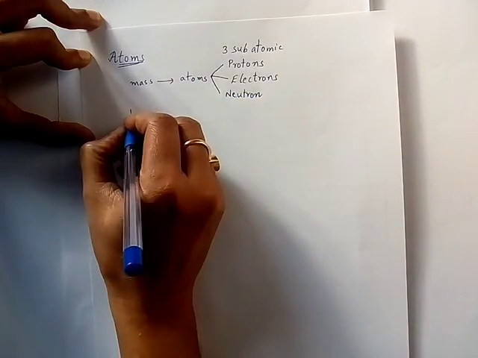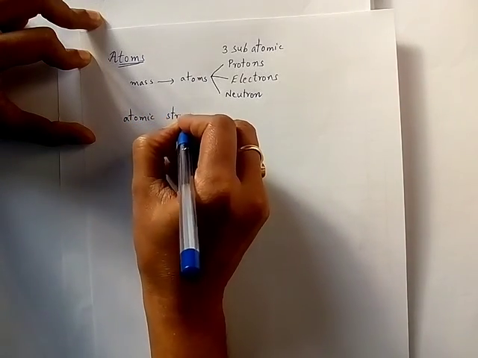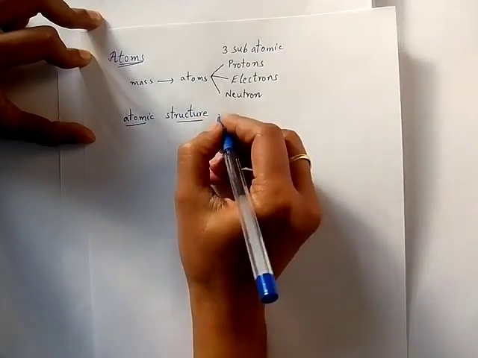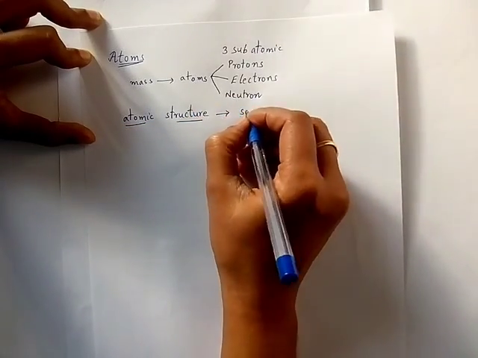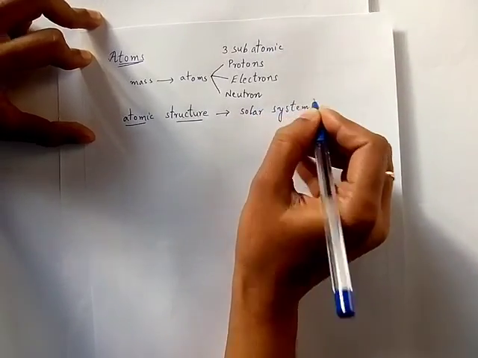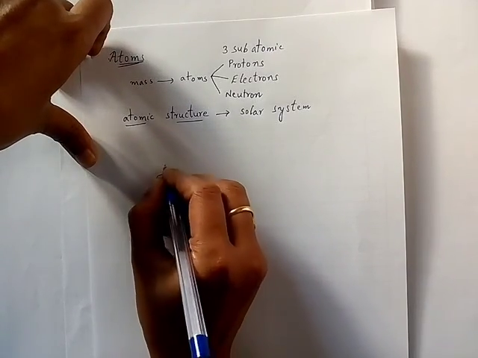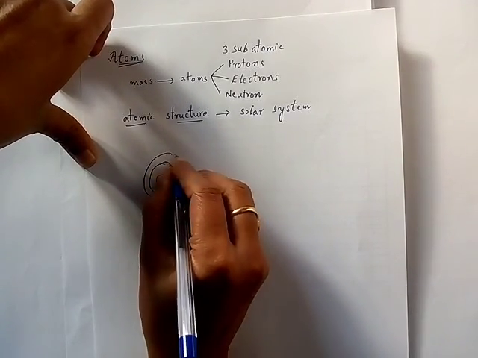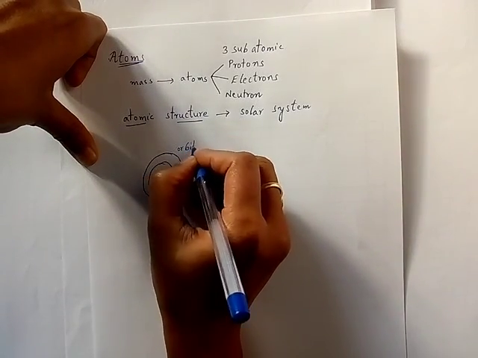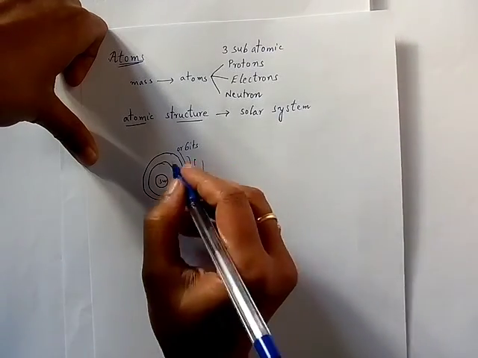The atomic model or atomic structure was given by different scientists. It is the same as our solar system. In our solar system we have the sun in the middle, and around the sun, in different paths called orbits, we have 8 planets.